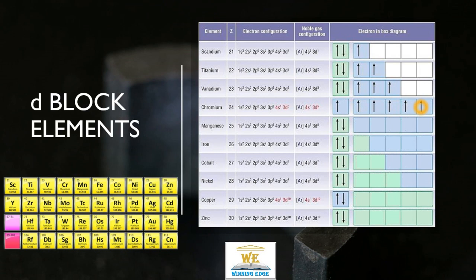The energy required for unpairing is compensated by the stability gained from the half filled electronic state. That is the reason 1 electron is promoted to the 5th d orbital. It is a special electronic configuration, 3d5 4s1, for chromium.